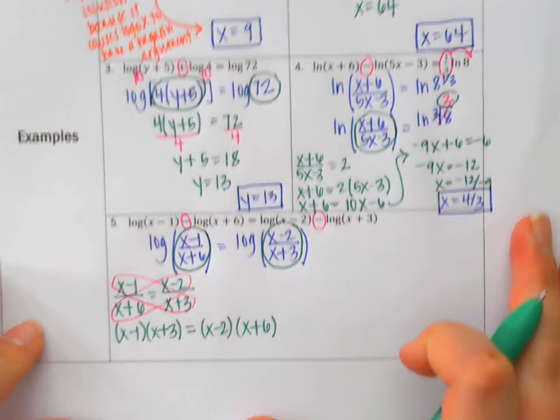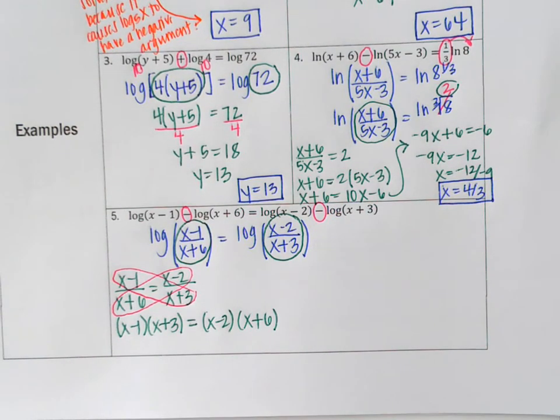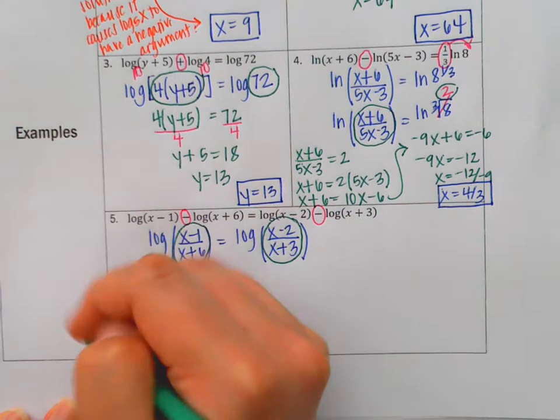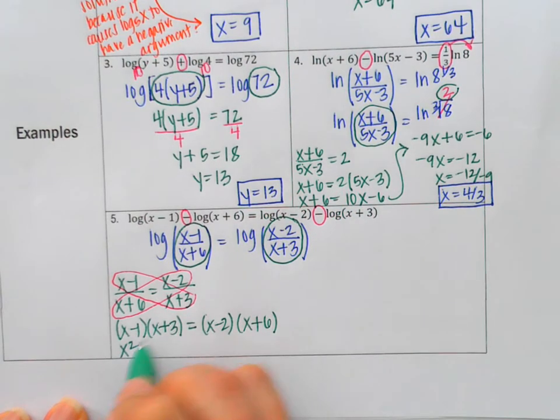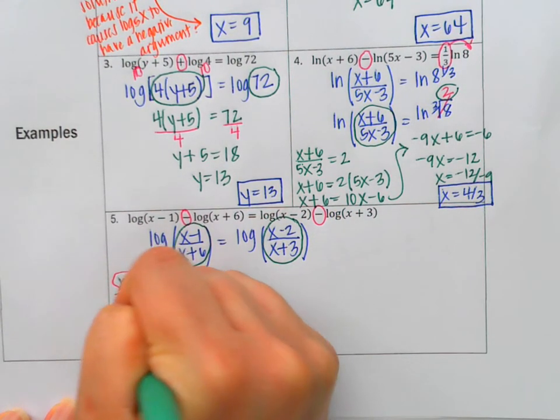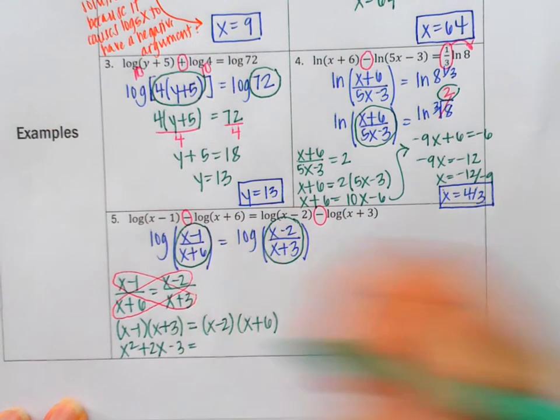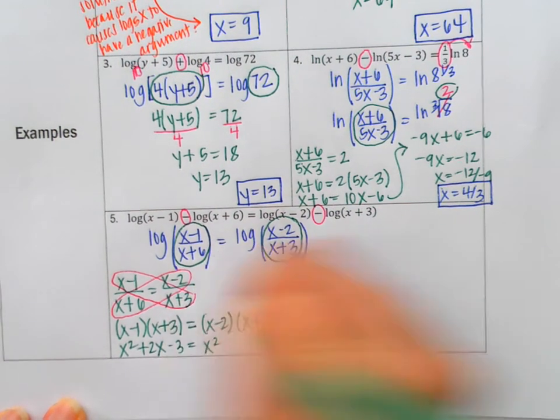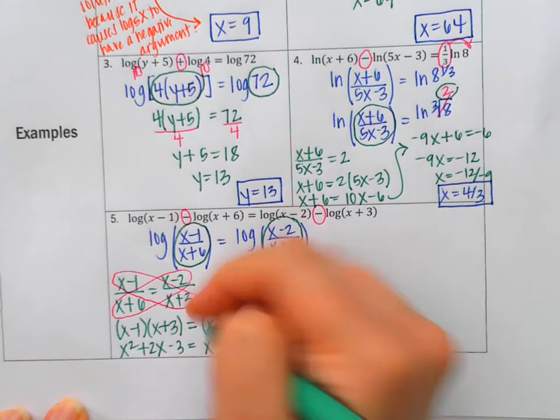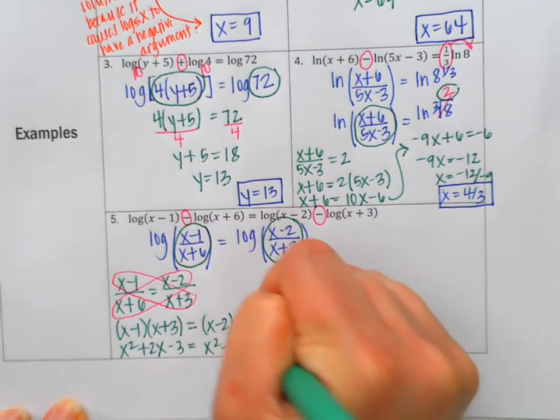And then I just need to multiply, so I need to distribute. FOIL, do the box method, whatever you guys feel most comfortable with. So x times x is x squared, plus 3x minus 1x is 2x minus 3 equals x squared plus 6x minus 2x is plus 4x minus 12.